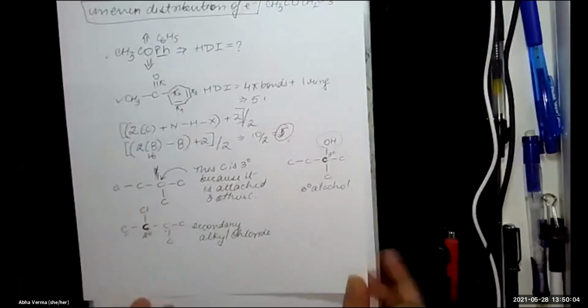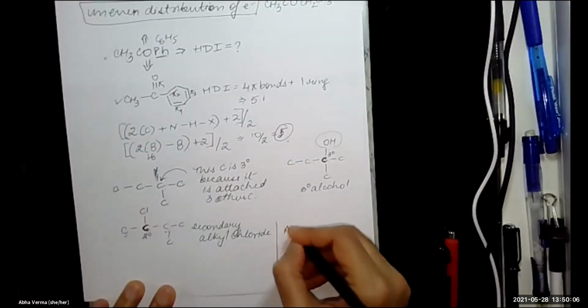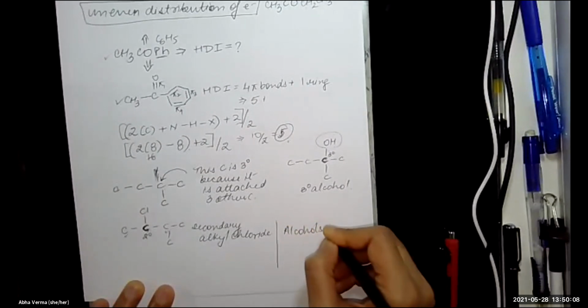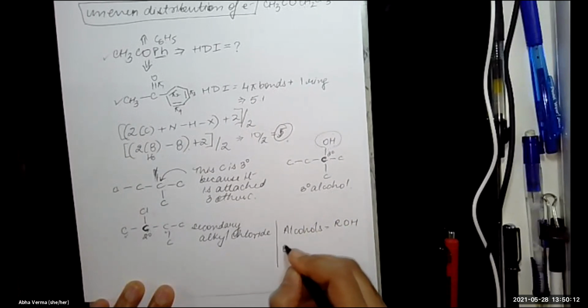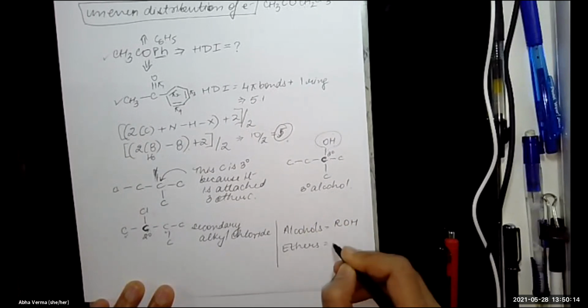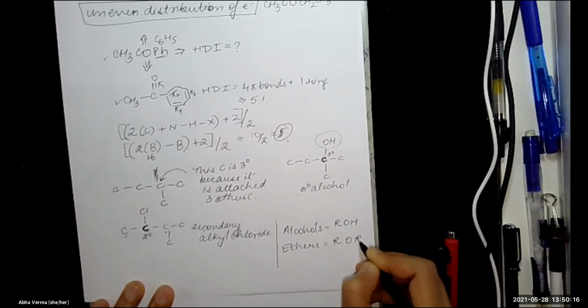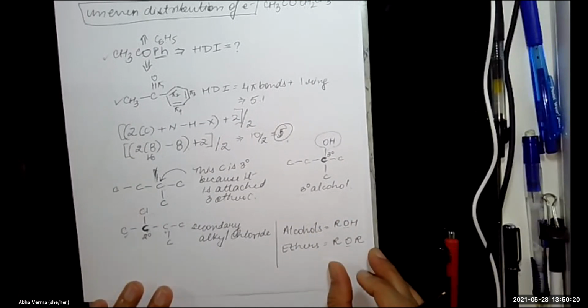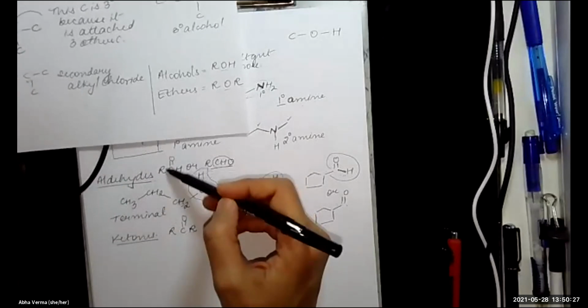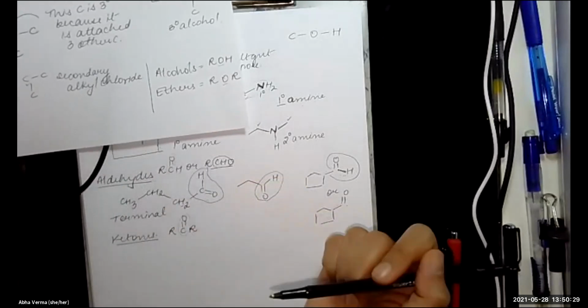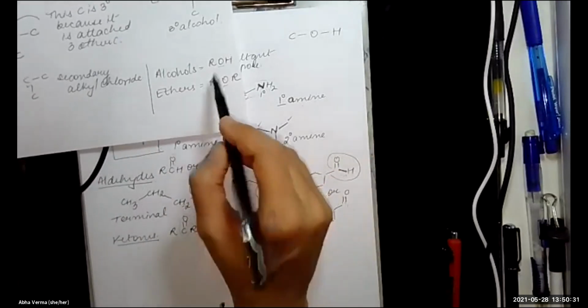Alcohols are ROH, whereas your ethers are ROR. Now, instead of having just oxygen, your aldehydes and ketones have been replaced with a carbonyl group. That is the only difference.